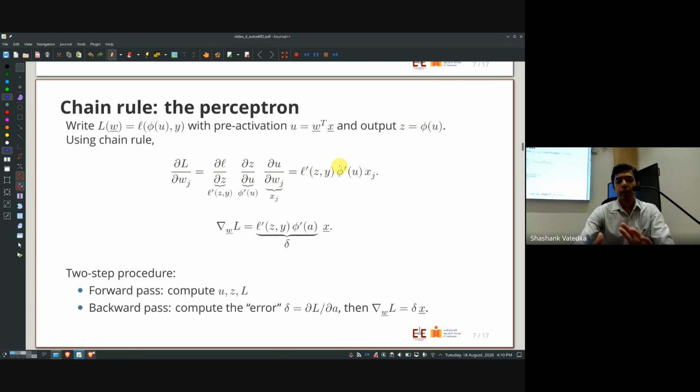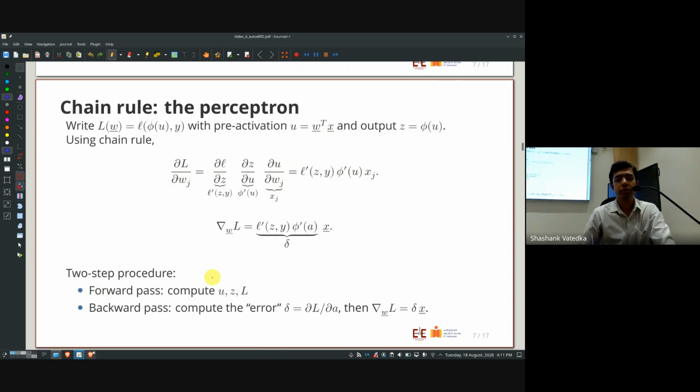If we had to implement this numerically or generalize this to a larger class of functions, we could represent this as a two-step procedure. The first step is the forward pass, because in the end, you want to evaluate these derivatives at X, U, Z and Y. So you first have to evaluate the point at which you want to find the derivative.